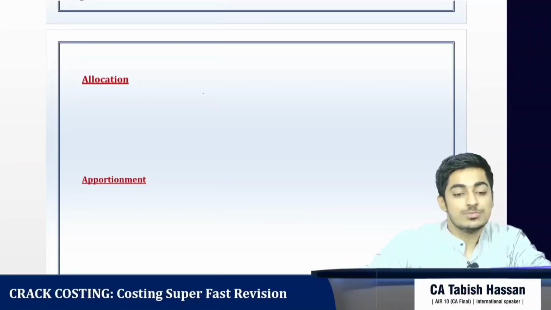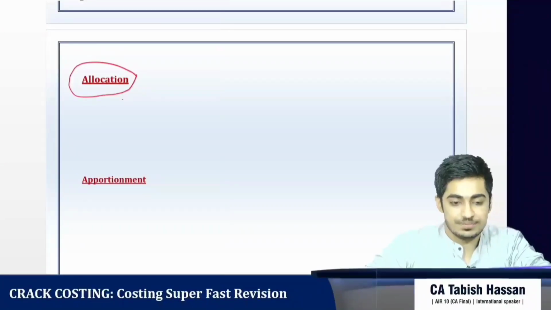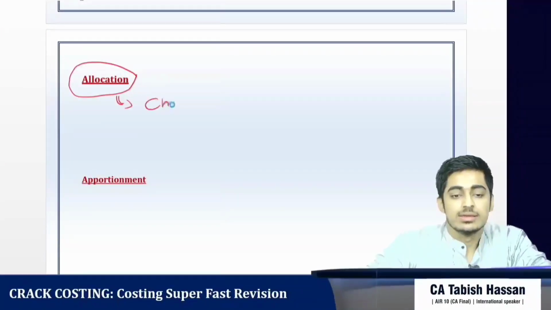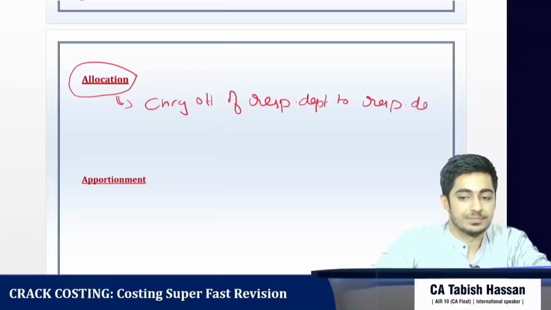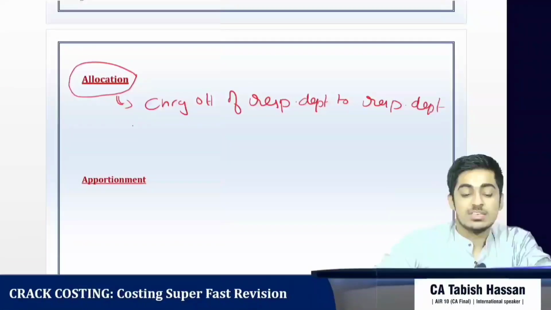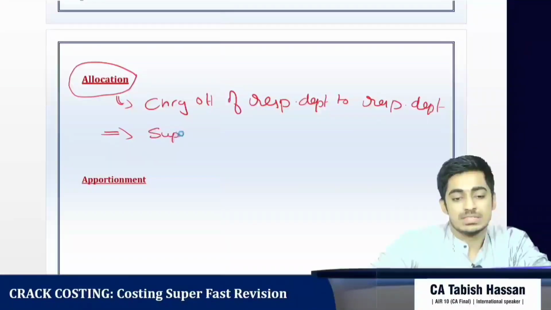Okay. So first, allocation. What is allocation and when is it used? Here, we charge overheads of the respective department to the respective department. Say for example, there is one supervisor in assembly department.